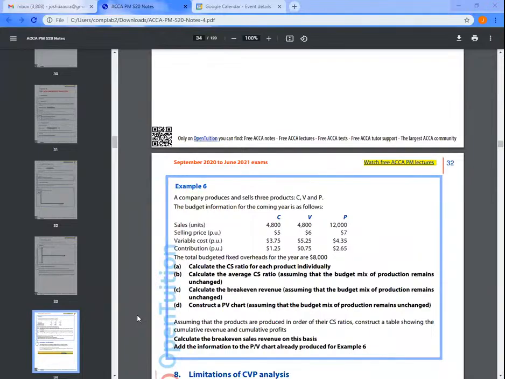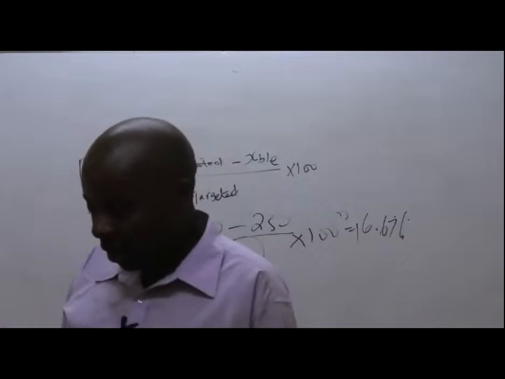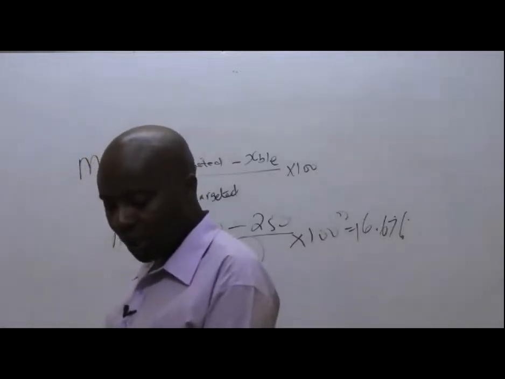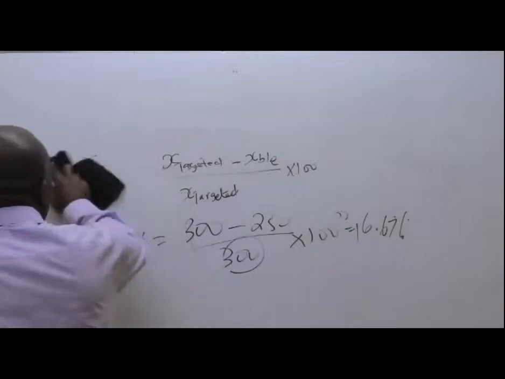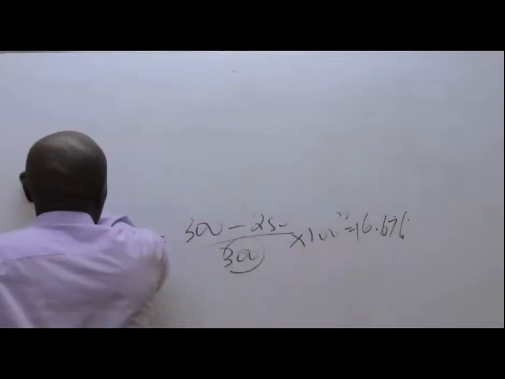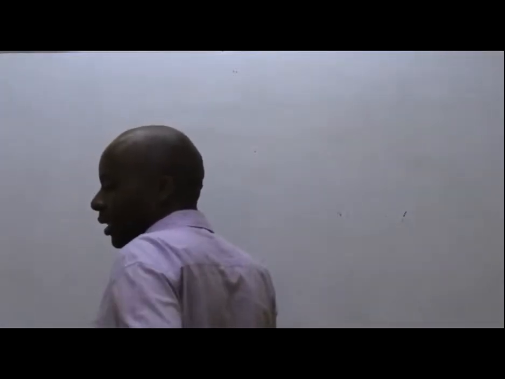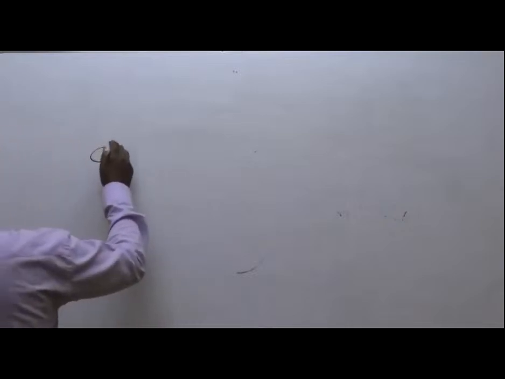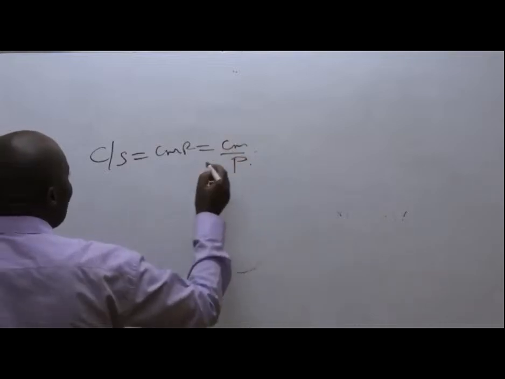We have to remind ourselves, how do we get this CS ratio? Ladies and gentlemen, the CS ratio is the same as CMR. It is contribution margin over price.